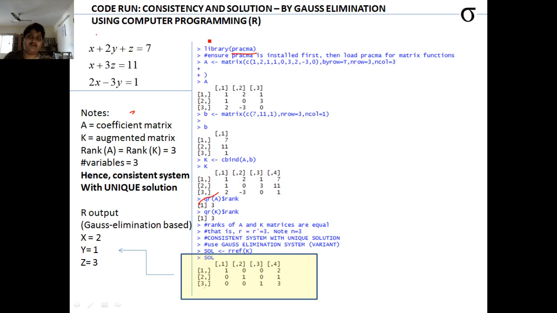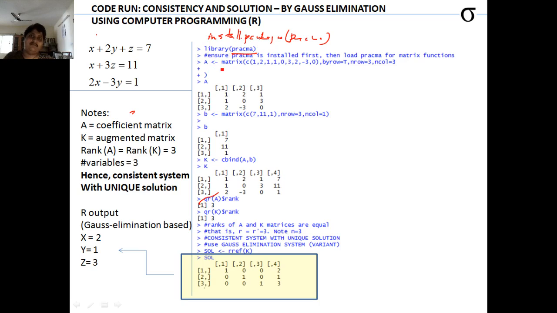That has to be installed, so the installation will be done using install.packages, and then you put pracma. This installs the library, and then you invoke that library here.